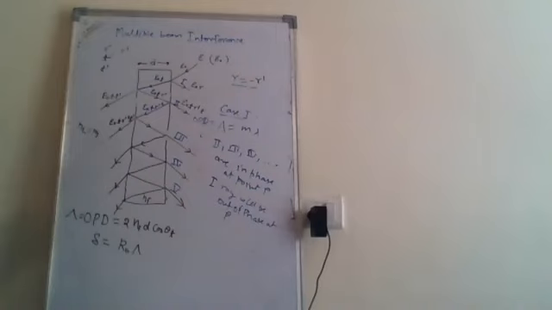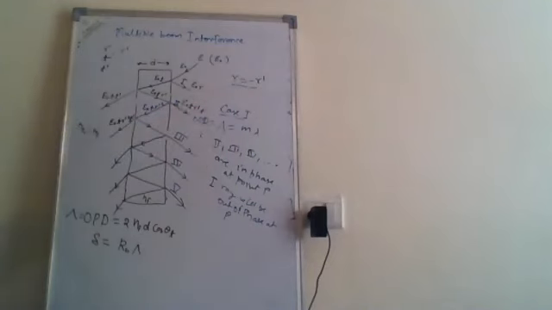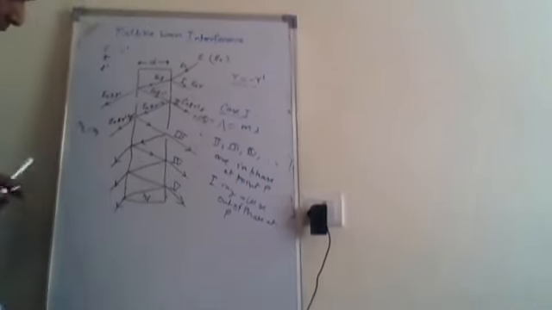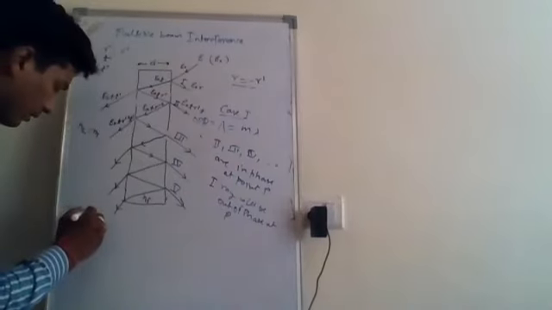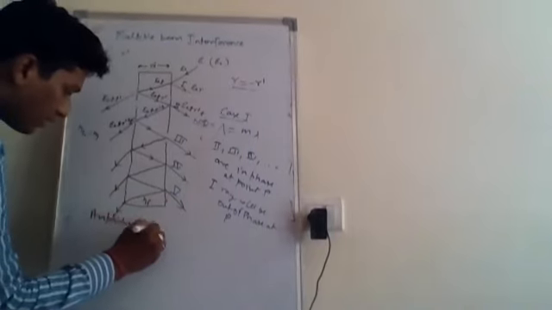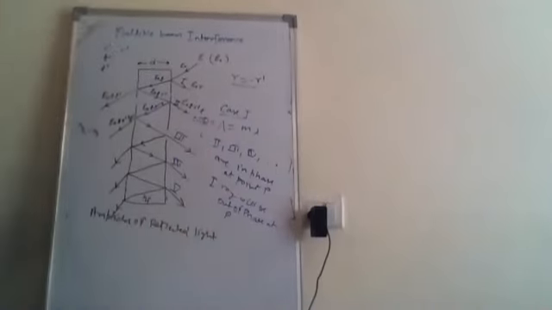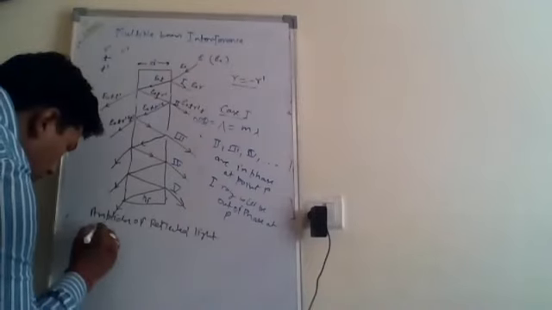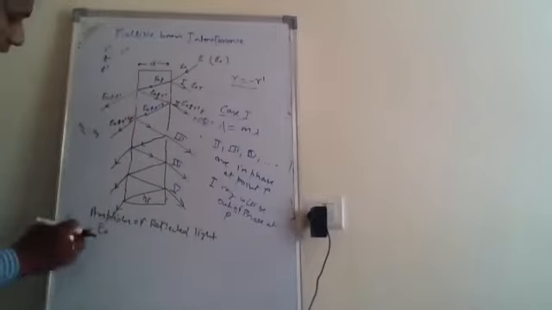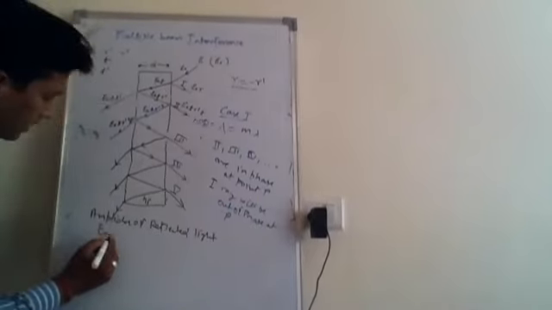So in this way we can write the summation of the scalar amplitudes at the point P. The amplitude of the reflected light is given by E naught R, where E naught is the incident amplitude and the suffix R just indicates that we are considering the reflected light.